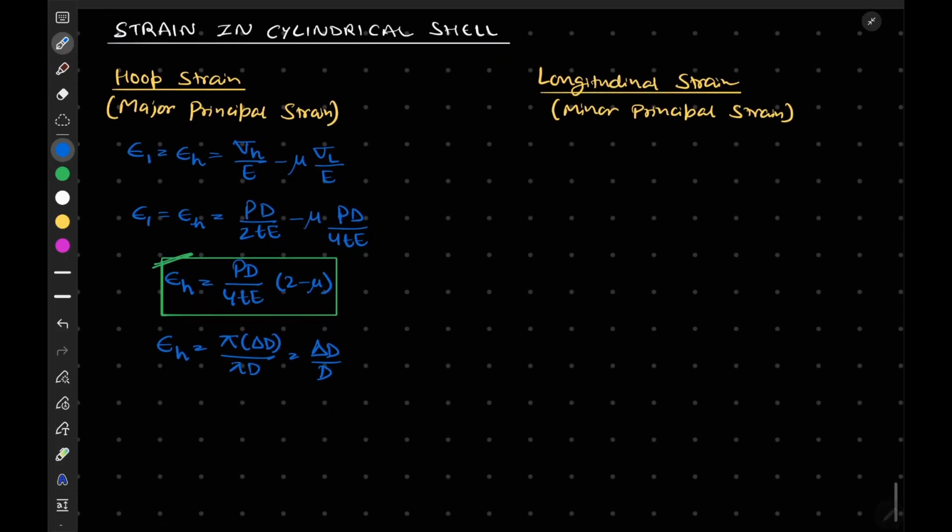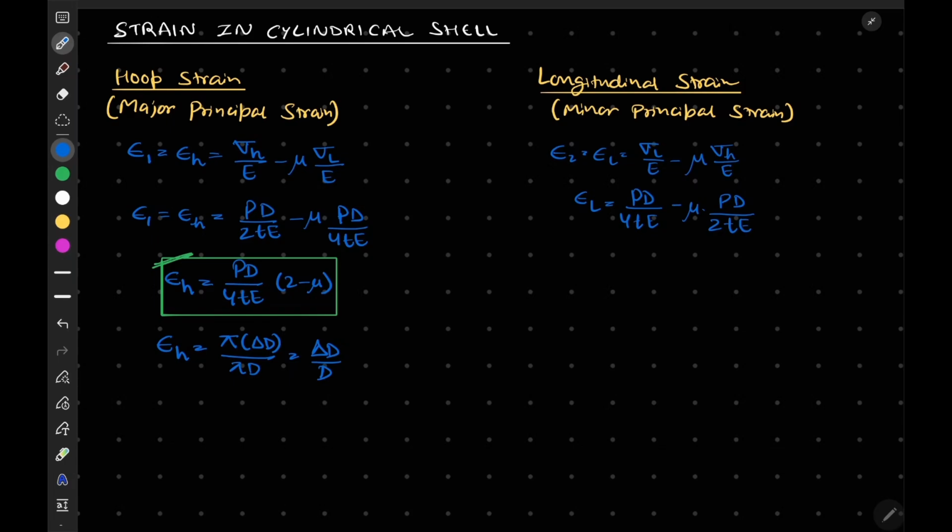Now we will see our longitudinal strain. So we can write epsilon 2 is equal to epsilon L is equal to sigma L by E minus mu times sigma h by E. And we can write it as, your longitudinal strain is equal to sigma L, which is PD by 4TE, minus mu times PD by 2TE.